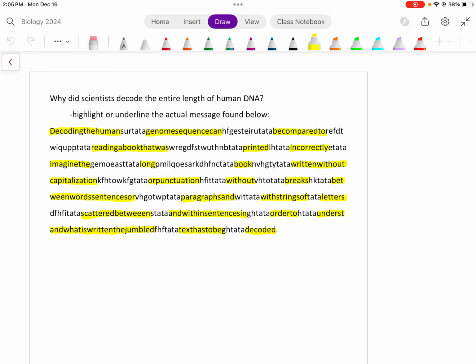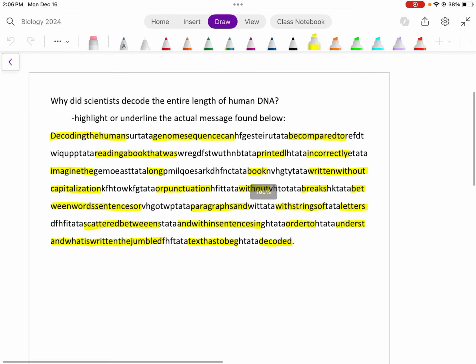Imagine the long book written without capitalization or punctuation, without breaks between words, sentences, or paragraphs, and with strings of letters scattered between and within sentences. In order to understand what is written, the jumbled text has to be decoded.